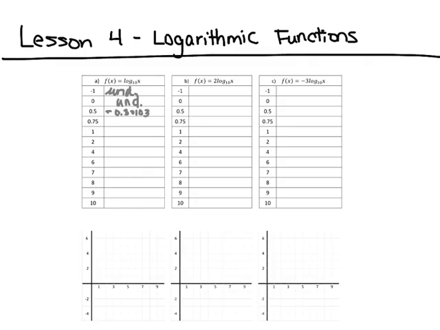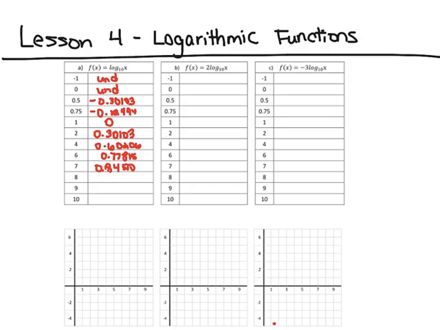So what I want you to do is pause the video and fill in this whole chart for log base 10 of x. As you're filling them in, you should notice that when you get to 1, y equals 0, so that is our x-intercept. And all of these numbers seem to be getting higher and higher.